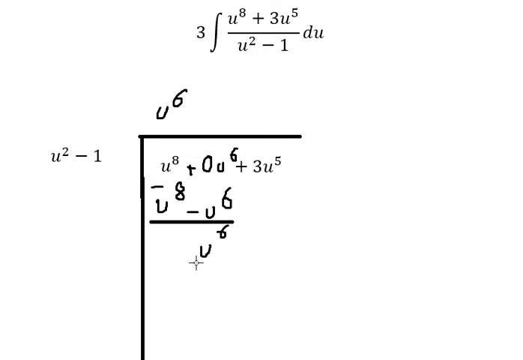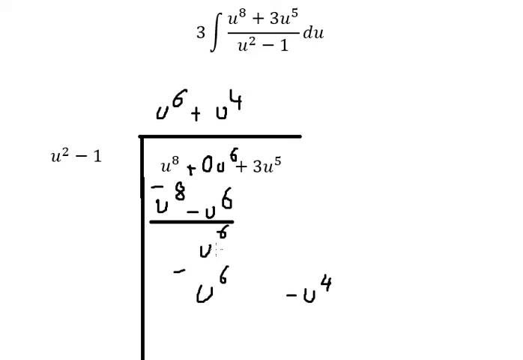Now, we have positive u to the power of 6. That means we need to have positive u to the power of 4, because this one multiplied by u squared. We have u to the power of 6. U to the power of 4 with negative number 1, we have negative u to the power of 4.